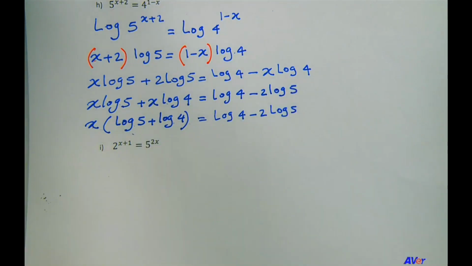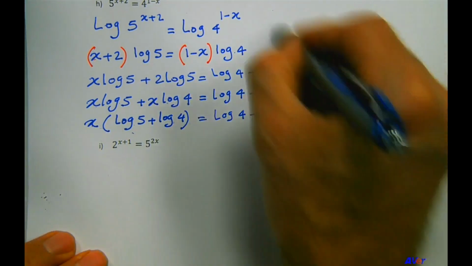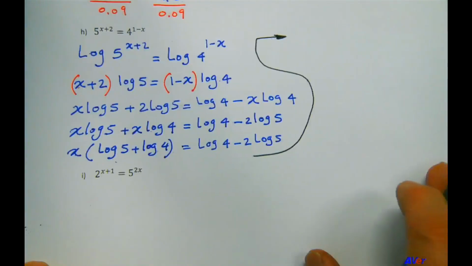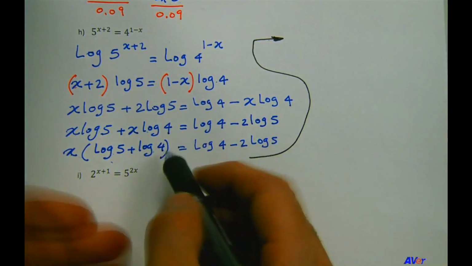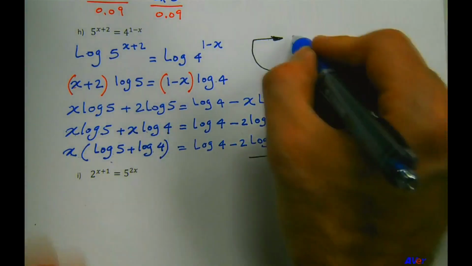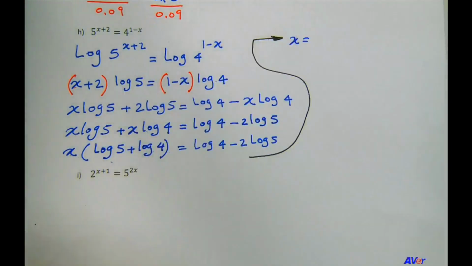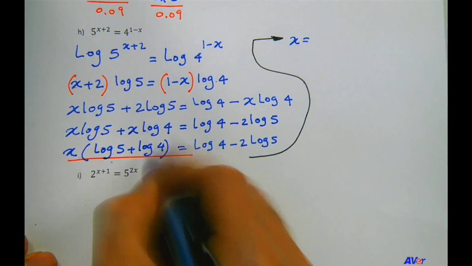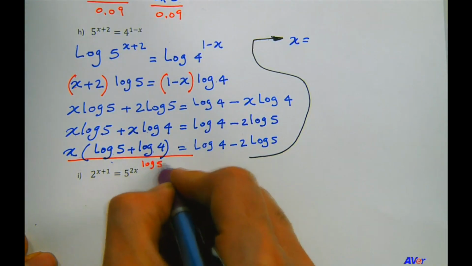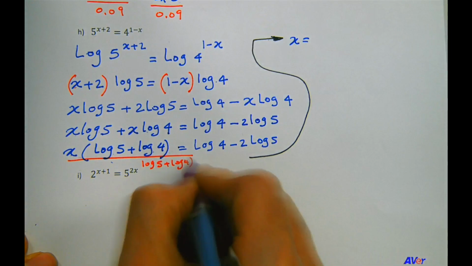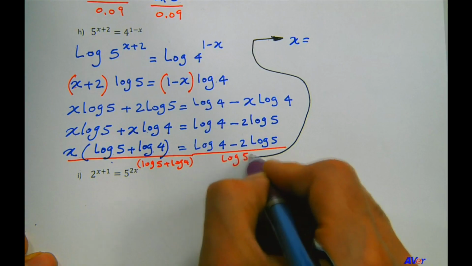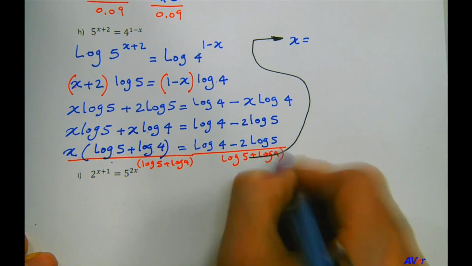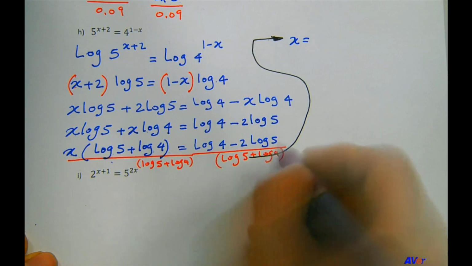So let me do that here. Okay. All right. So then x, that means we want to divide all of that by log of 5 plus log of 4. That's what we're doing. That side by log of 5 plus log of 4. Okay?